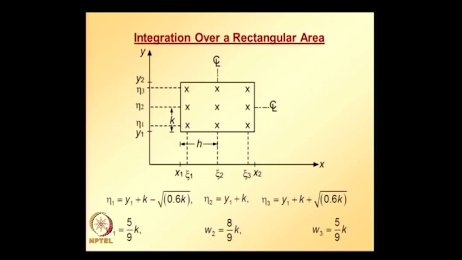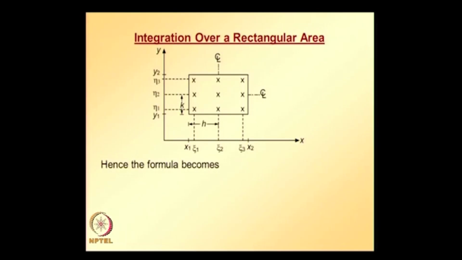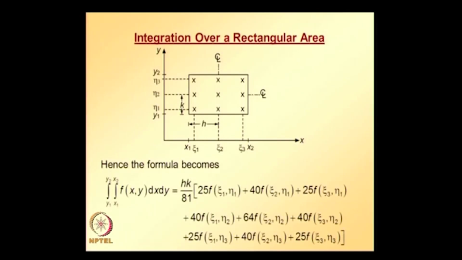So W1 is 5 over 9 times k, W2 is 8 over 9 times k, W3 is 5 over 9 times k. So we have the locations psi 1, psi 2, psi 3, eta 1, eta 2, eta 3. So we can evaluate integral f x y between the limits x1, x2, y1, y2 using this formula.